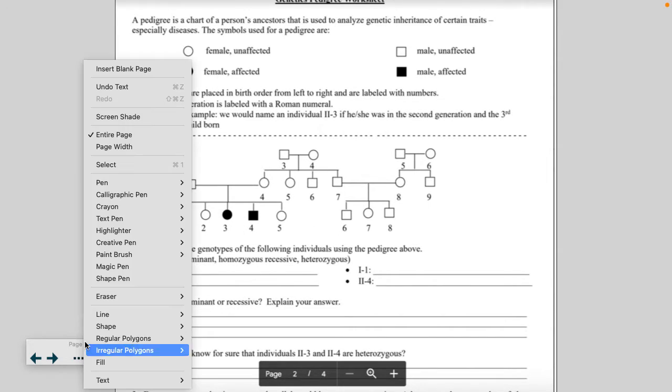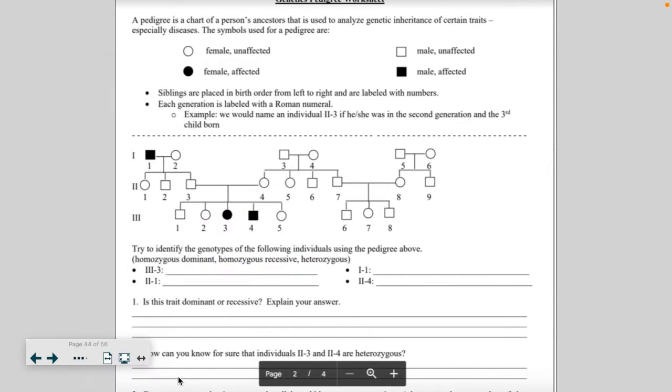And so this first part of the assignment, they say, hey, identify the genotypes for the following individuals using these words: homozygous dominant, homozygous recessive, and heterozygous.